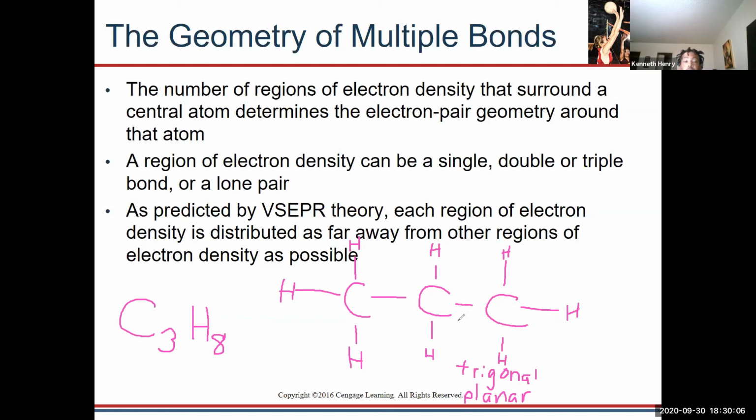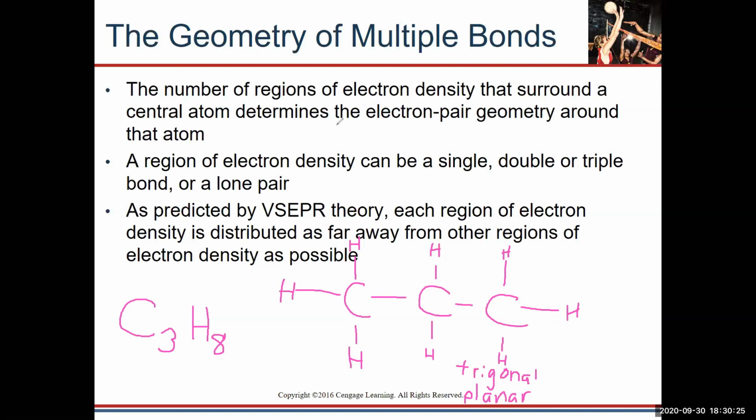Okay, so this is our Lewis dot structure. What will be the wedge and dash diagram?